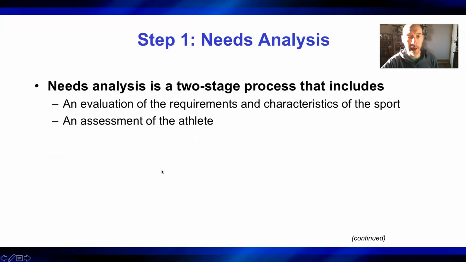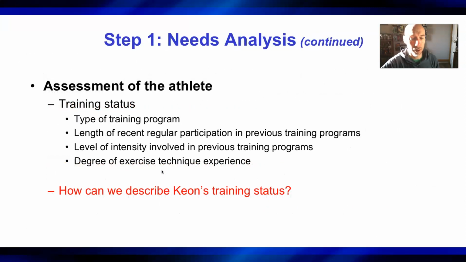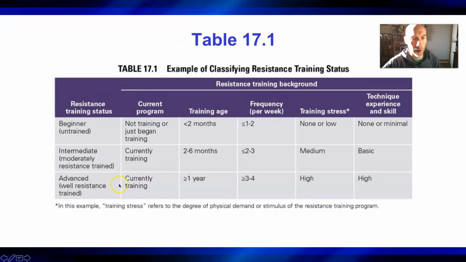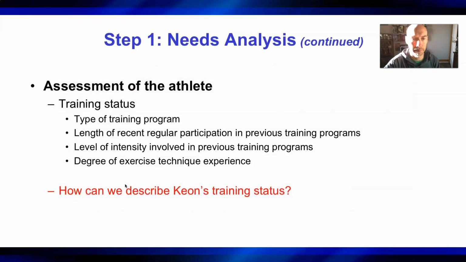So based upon that, that would put him into this category as being an advanced trainee. Okay, so that tells us that with Keon, we could get into some pretty advanced training right away. And when we're testing him, we could also do more advanced assessments because he has a lot of experience.